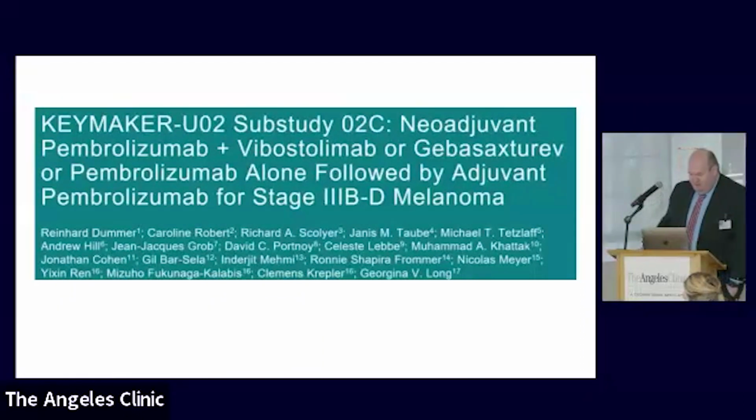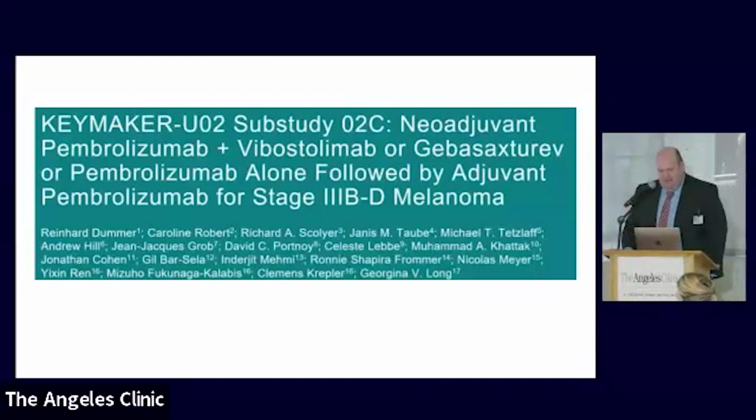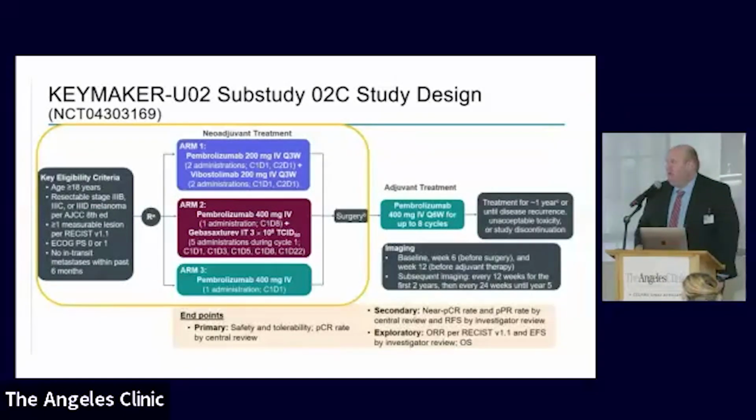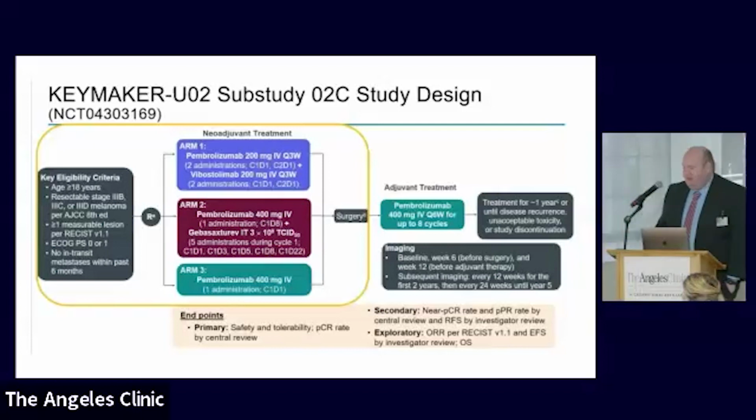Last month, Dr. Doomer presented at the AACR conference KEYMAKER-U02. This trial compared 3 different neoadjuvant combinations, two combinations and one control arm of pembrolizumab, or pembrolizumab plus intratumoral, or pembrolizumab and vibostolimab, another checkpoint, an anti-TIGIT antibody.